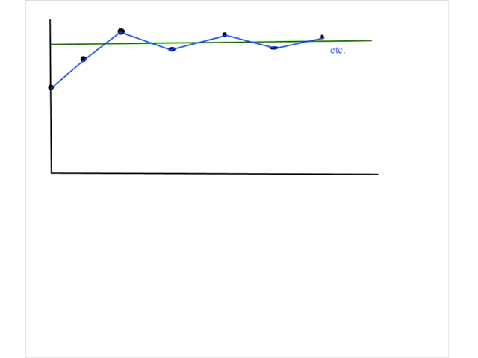So what the axes mean on this particular graph is this is difficulty of the problems, and this is progression of the test.